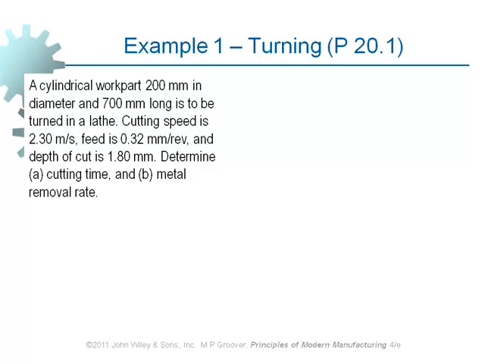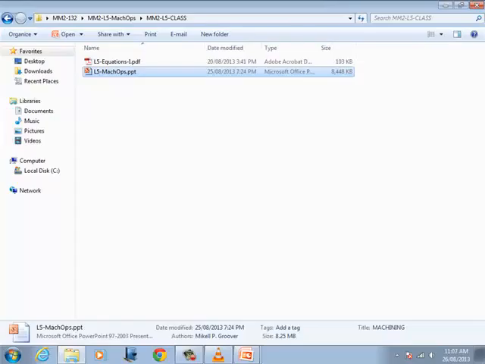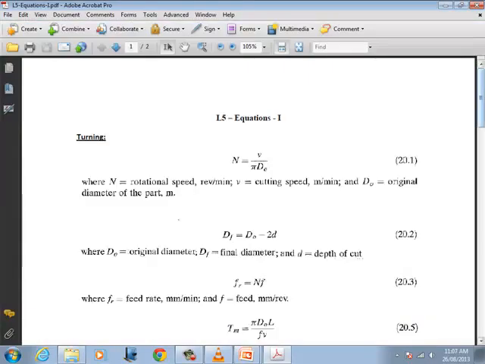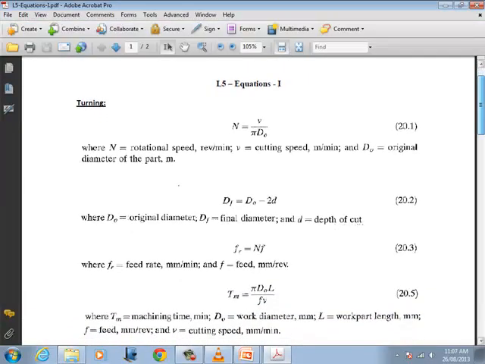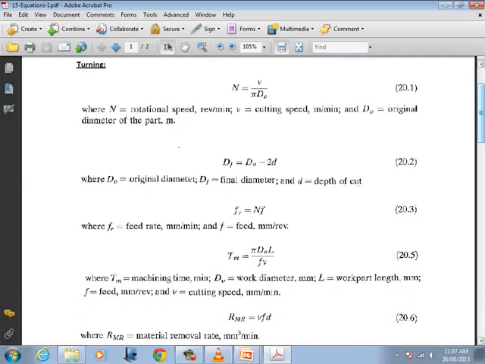Metal removal rate. Do we have the equations? I have uploaded an equation sheet for this lecture. Let me briefly explain what we have got here. We've got the same equation that we had, in a different arrangement: the relationship between cutting speed V, spindle speed N, and initial diameter D or D0.